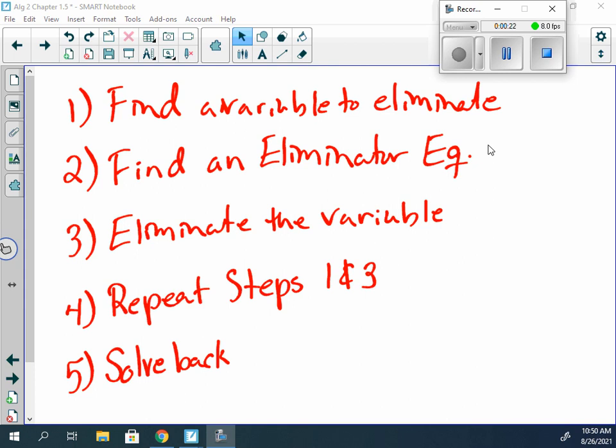Step 1, find a variable. Step 2 was to find and eliminate equation.